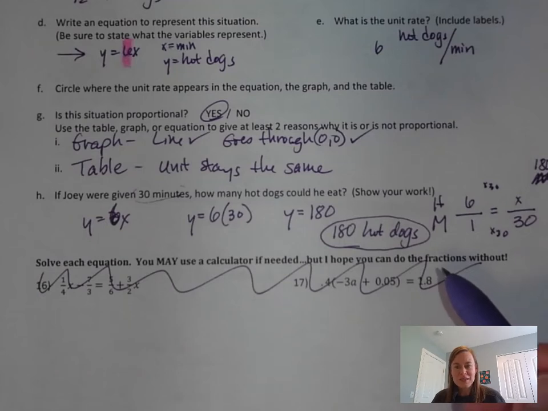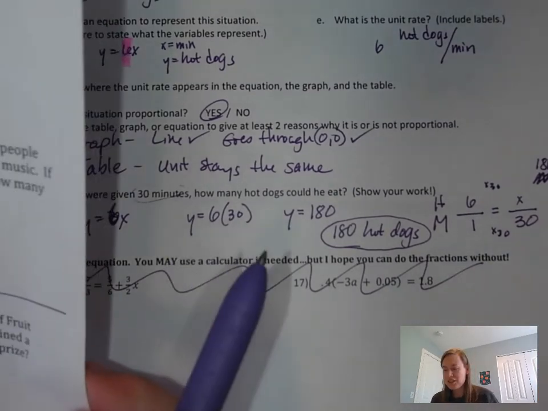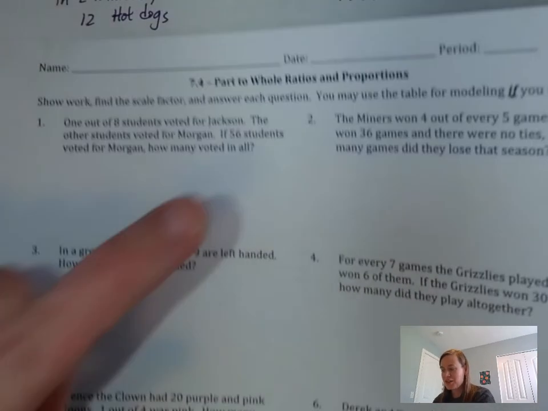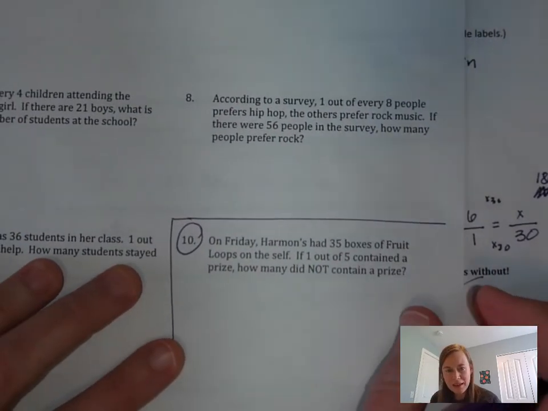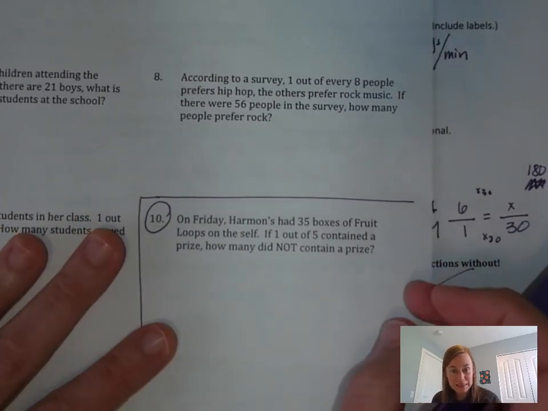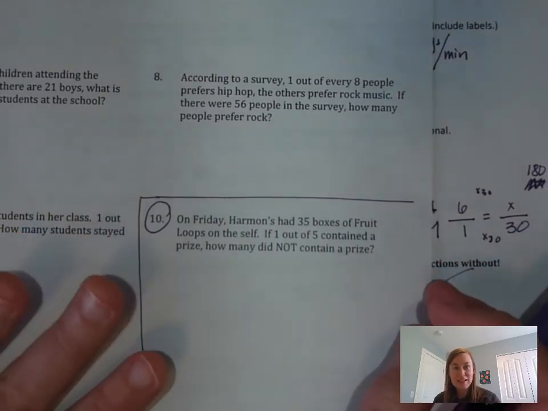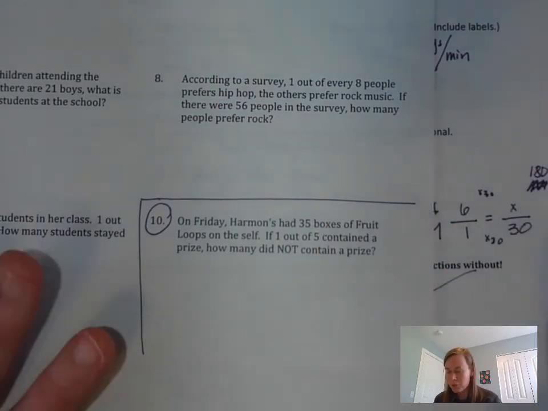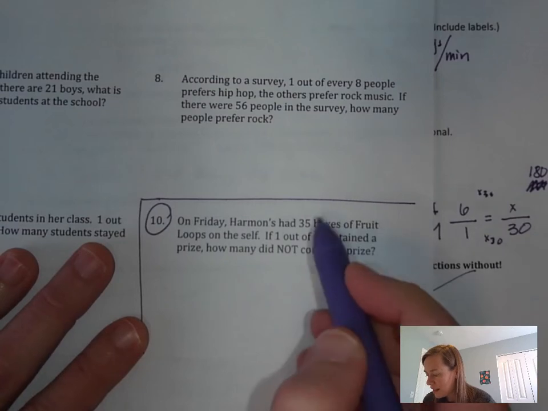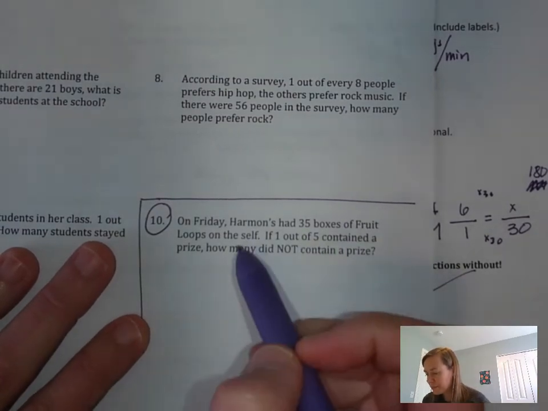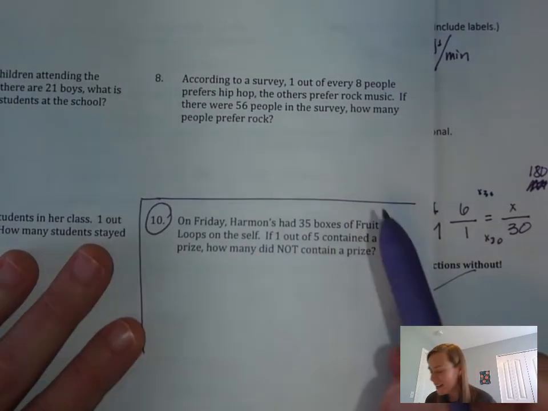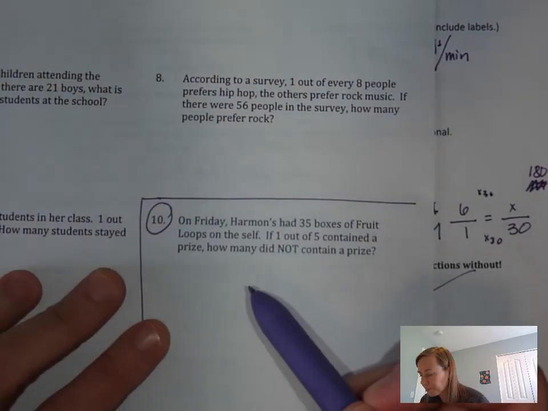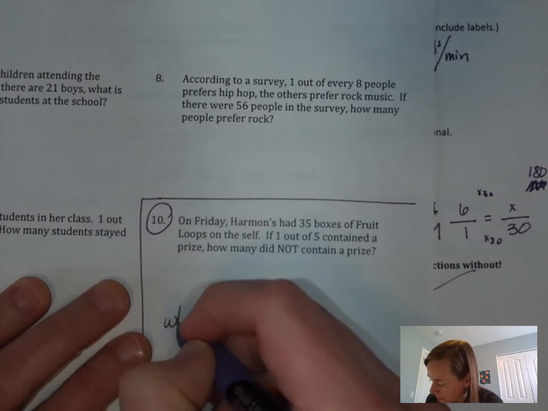Final thing I wanted to do with you is question number 10 from your 7.4, your part to whole. Now, why am I bringing this one back? Because you might be seeing some more things like this on your test. So let's just read this, go over it just as a quick review. I know you've done this problem before, but bear with me. On Friday, Harmon's had 35 boxes of Fruit Loops on the shelf. If 1 out of 5 contained a prize, how many did not contain a prize? Okay, so the whole.